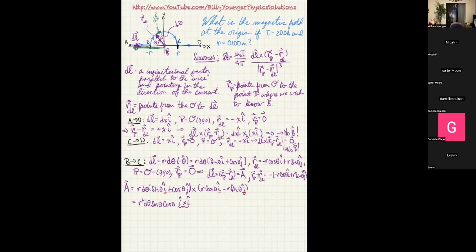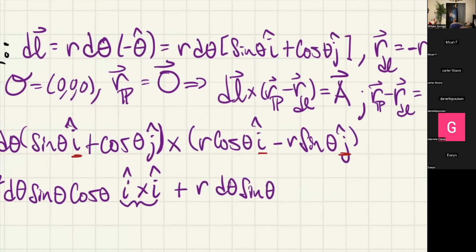Now we're going to say plus. Now I'm going to let the I hat term hit the J hat term on the right. So again, I'm going to have R d theta sine theta, but this time I'm going to get a negative. So let me toss out this and make it a negative.